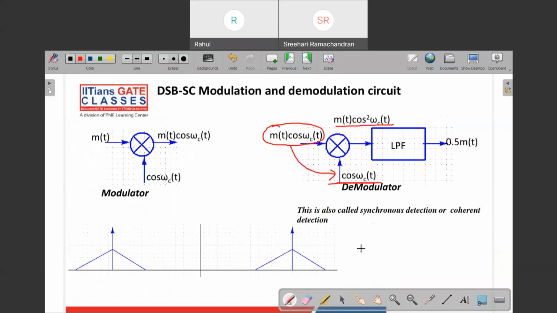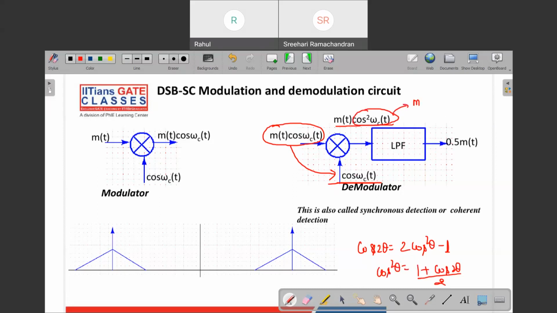Now we know this formula that cos 2 theta is equal to 2 cos square theta minus 1, or you can say that cos square theta is equal to (1 plus cos 2 theta) by 2. I will use this formula and write this cos square omega ct like this.